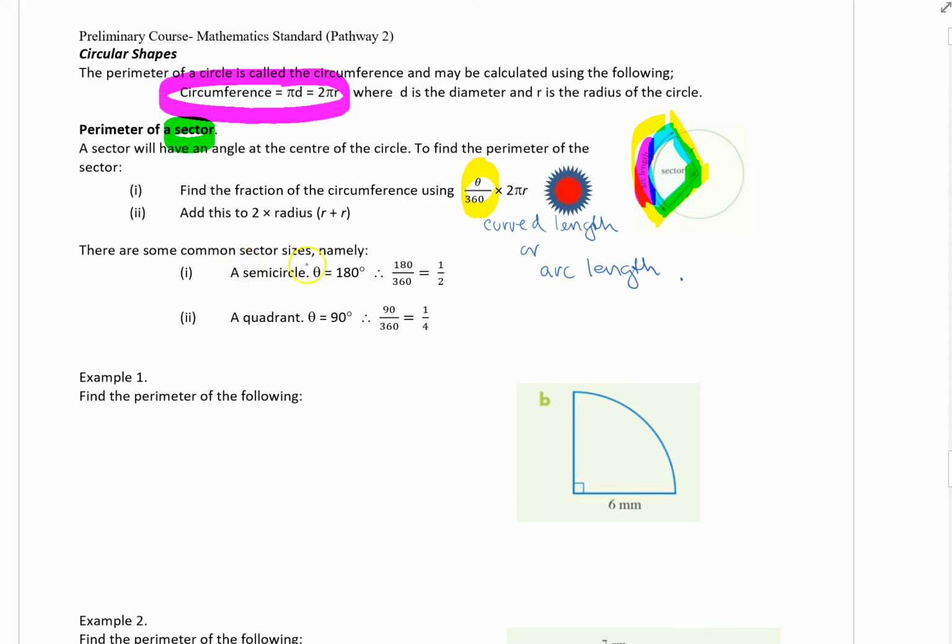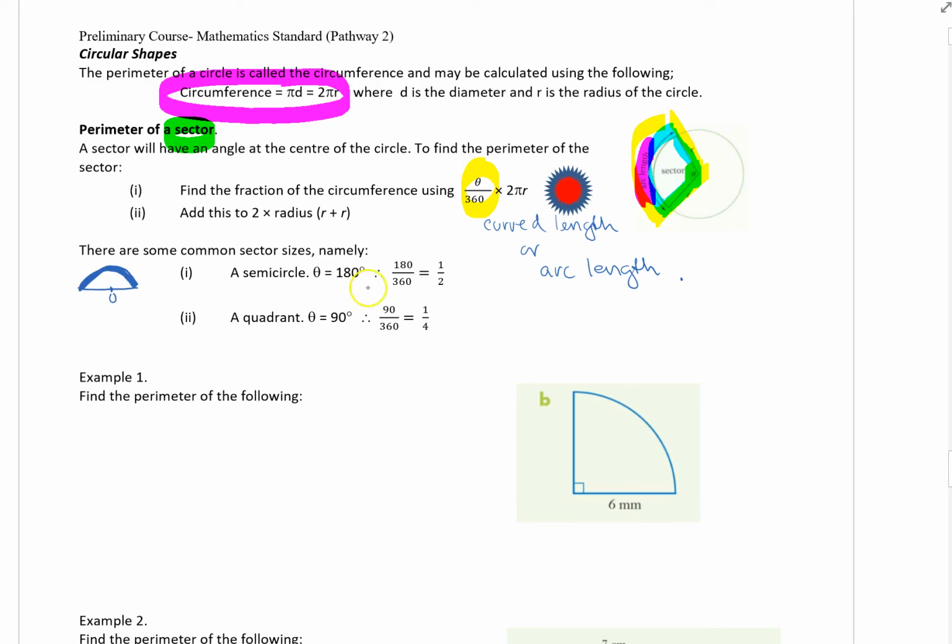There are some common sector sizes like a semicircle. If you're given a semicircle, let me just demonstrate what a semicircle looks like. So this and that, and we know that's the centre. It's basically half the circle. So this curved bit is half the circumference.